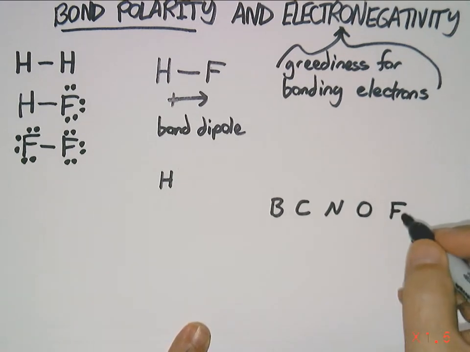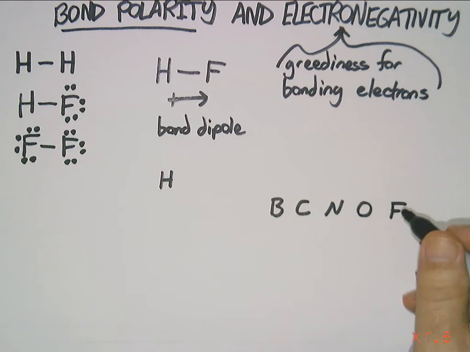And if I look at these elements, you've got a table of these in your book of the original Pauling electronegativities. Let me copy them over here so we can look at them.